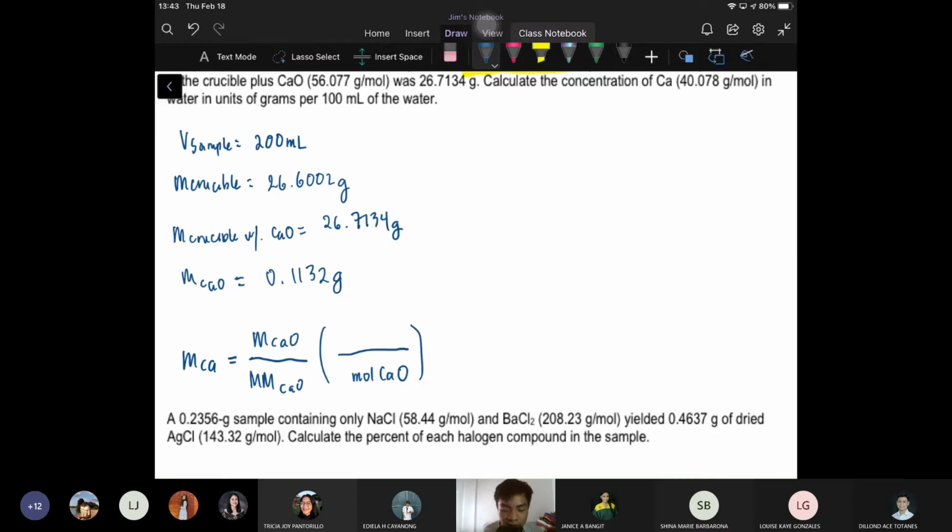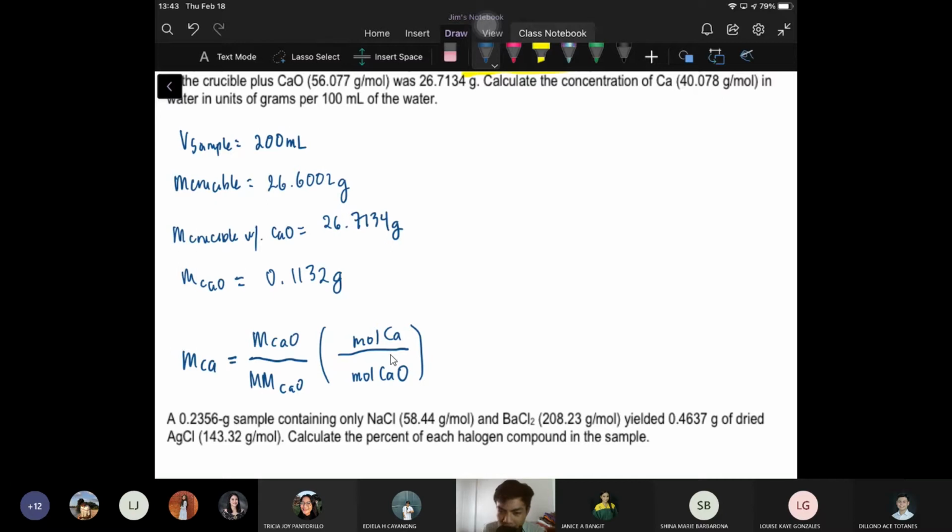In our case, that's calcium. So, mole calcium. Now, we've set it up so that when we multiply this here, it's converted into moles of calcium. Okay, we're near the end.